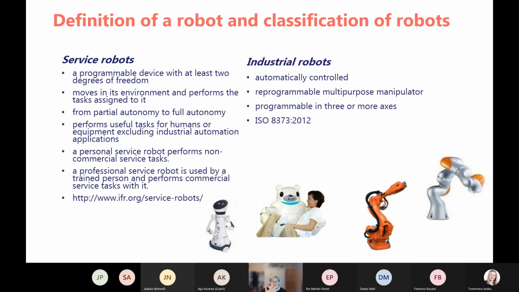So it means there are really 3 axes or 3 degrees of freedom with the robot. That robot can be either fixed in place or mobile for use in industrial automation applications.